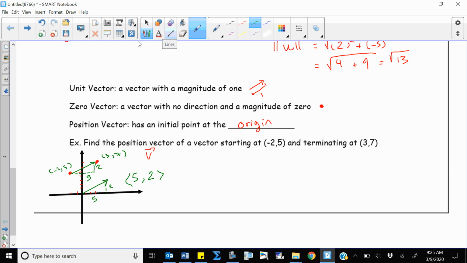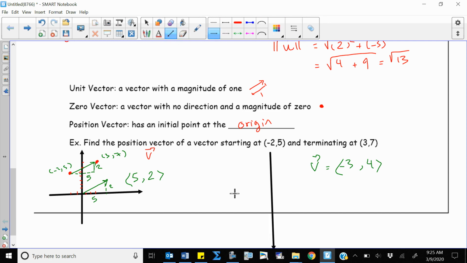Basically, when you're given a vector, for example, v is (-3, 4), and you want to graph the vector, you're just going to graph the vector by starting from the origin.